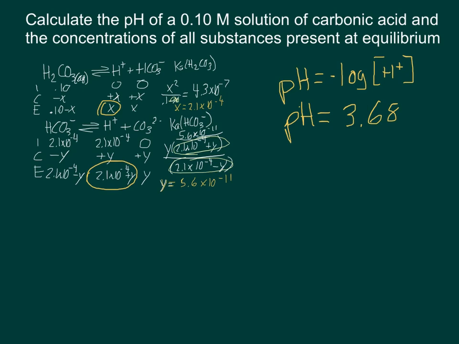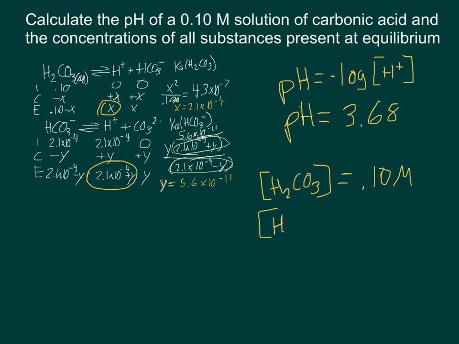And now for the concentrations of everything else at equilibrium, we have what we need. So concentration of H2CO3, of the carbonic acid. Okay, strangely enough, it actually has not changed because we're only at 2 sig figs, so it's changed, but at a much smaller amount. So still roughly 0.10 molar, as near as we can tell.